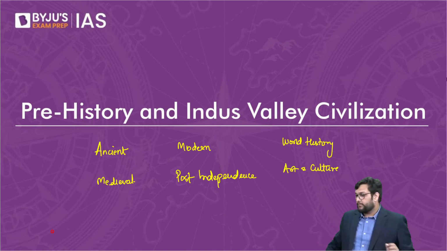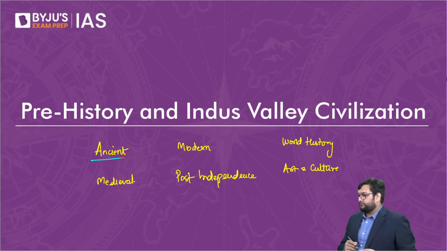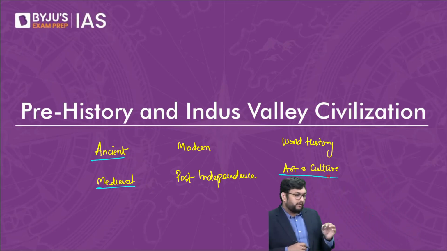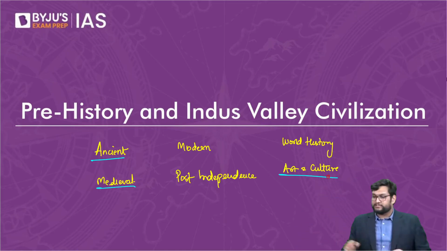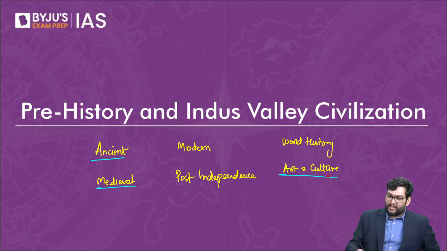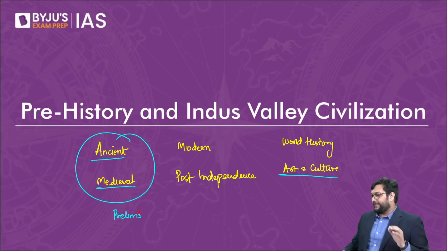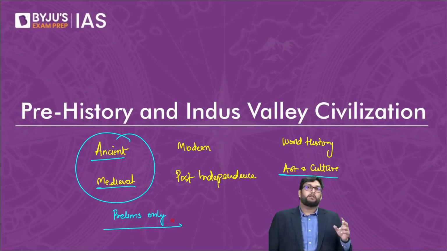Okay. Now, today we start ancient, medieval, and art and culture. And this whole set has an interesting peculiarity. History is not one, but 6 subjects. These 2 are prelims oriented, with an exception this year in 2023, where in GS paper 1 there were questions in which a little bit of ancient medieval was there.